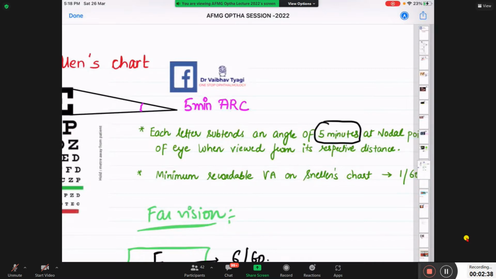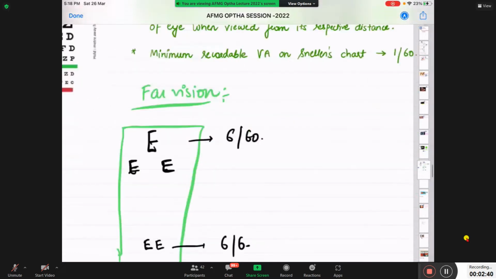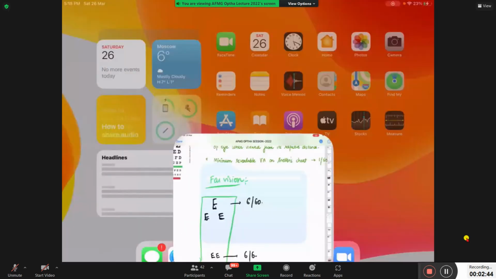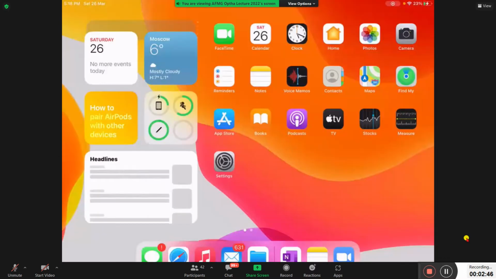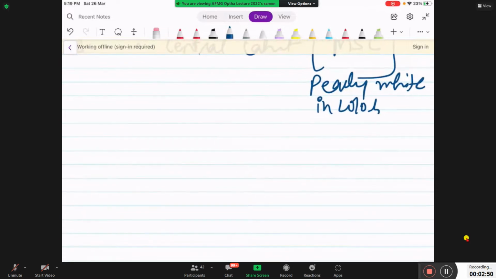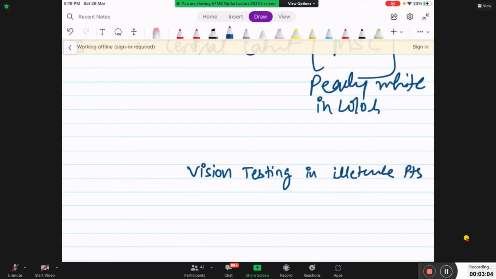Okay. Now, if the patient is illiterate and he cannot read the alphabets, then write down vision testing in illiterate patients.